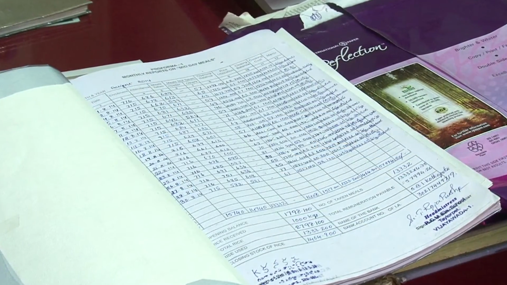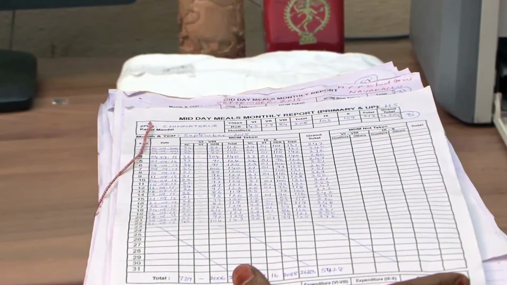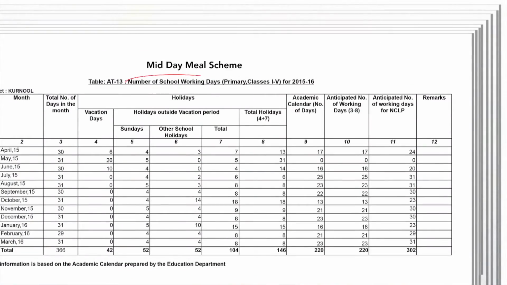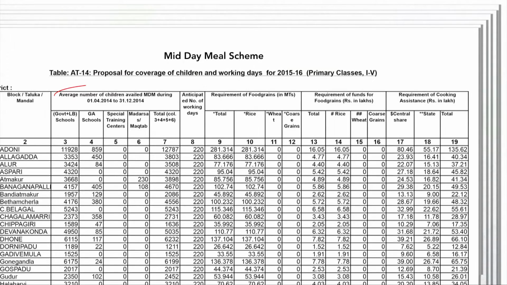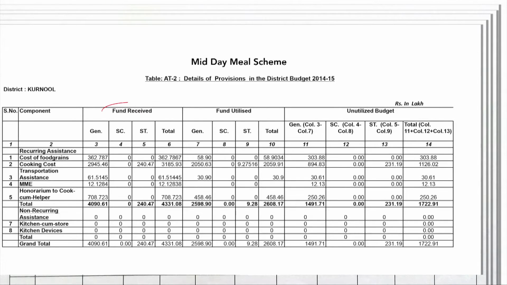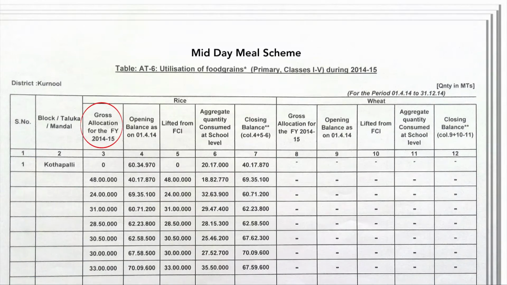Based on the data obtained from all the schools located in mandals and districts relating to anticipated number of working days for schools, enrollment, average number of children who availed MDM during the previous year, allocation and utilization of MDM budget, food grains during the previous year, etc.